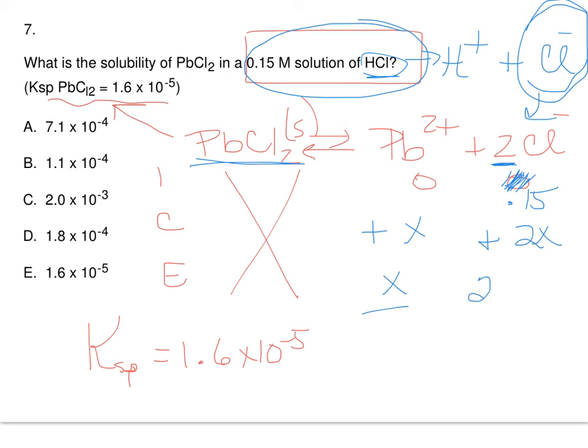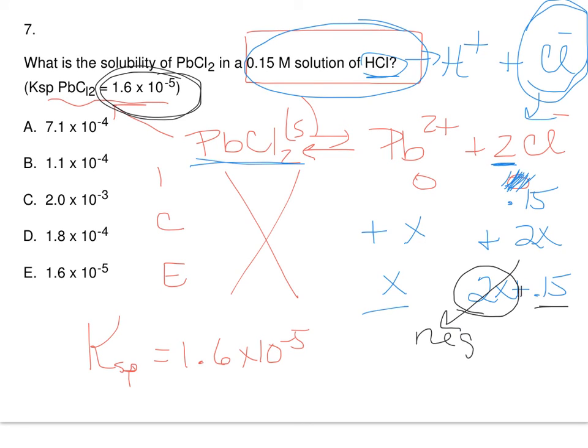Your equilibrium concentration of chloride ion is 0.15 plus 2x. Now, you always want to see if you can neglect the x that's added to some other number. So let's take a look at the K value, the equilibrium value, and yes, it's quite small, 10 to the minus 5. So I would say we're safe to neglect that x.